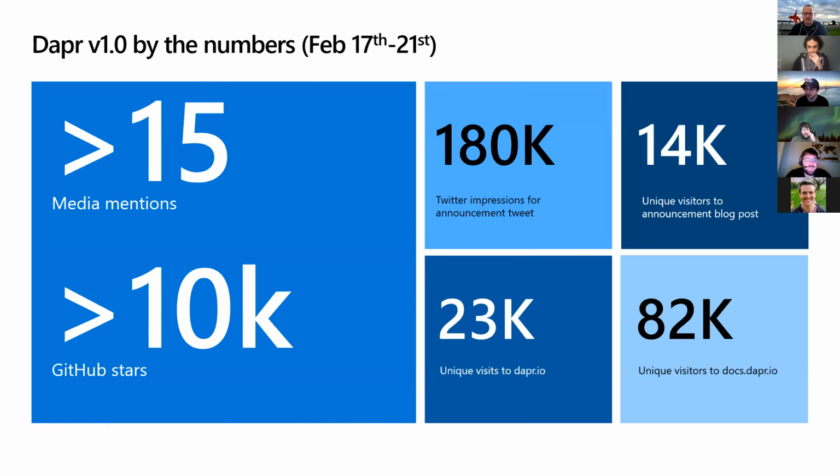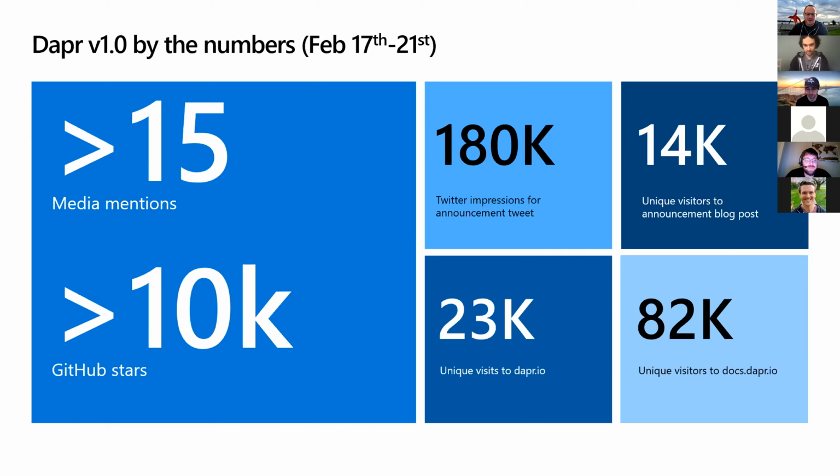some numbers around the release and things that we're measuring to see how much of an impact this release and announcement has made. We've seen some tremendous impact around the announcement. These are just a few numbers from the first few days following the release, which was February 17th. We've got over 15 media mentions, which means articles. I have a whole slide about that. We crossed the 10,000 GitHub stars. I was looking just now, we're about 30 stars shy of 11,000.